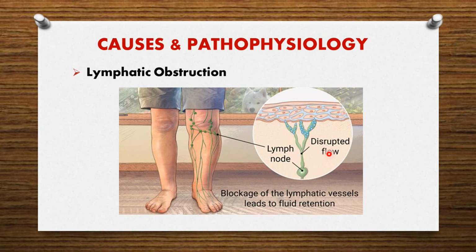This disrupted flow leads to blockage of lymphatic vessels, which leads to fluid retention, and this fluid retention ultimately leads to edema, which is called lymphedema. One of the most important examples is removal of axillary lymph nodes in radical mastectomy, which causes lymphedema of the affected arm. Other causes may be any type of tumors.